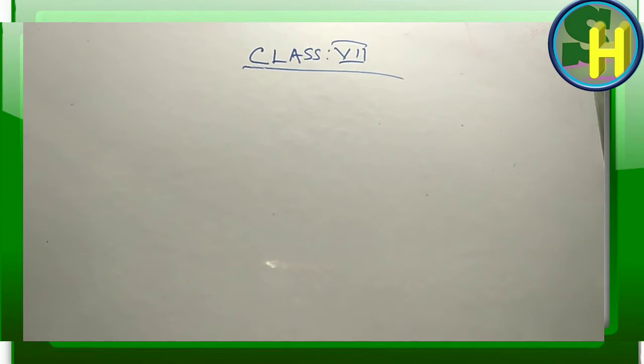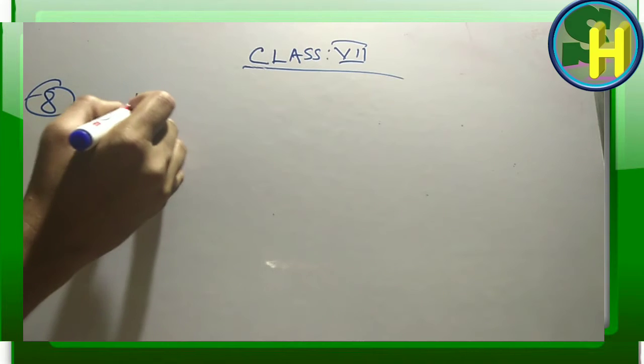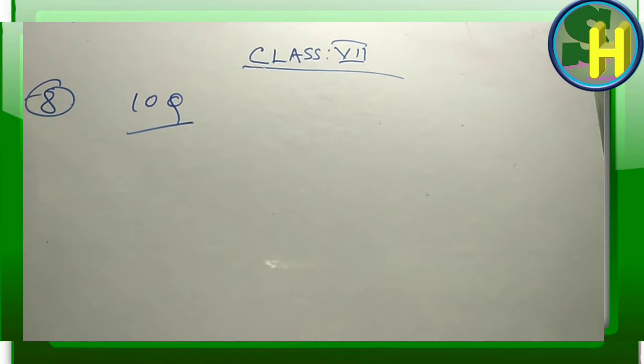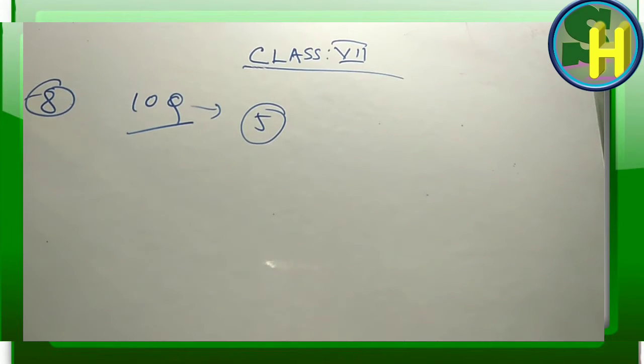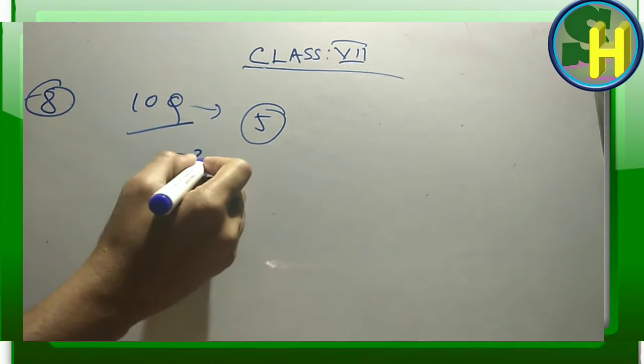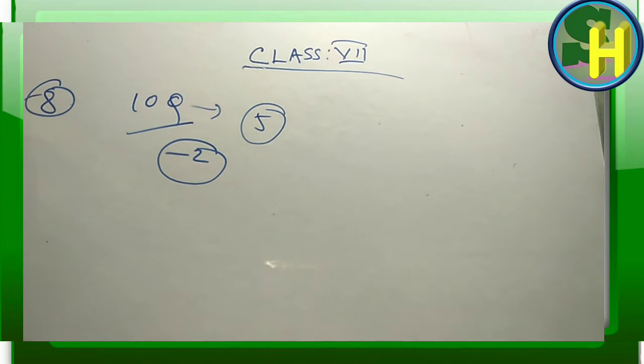Question number 8. In a class test containing 10 questions, 5 marks are awarded for each correct answer, and for every incorrect answer -2 marks are awarded, and 0 for each question not attempted.